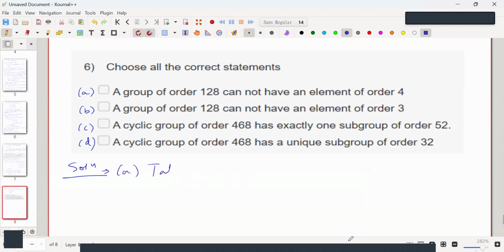If a is the generator, then a to the power 32 will have order 4. Yes, you are also right. I am taking 1 to be the generator, but this holds for any generator, right? So if 1 is the generator, 1 raised to 32 is just 32, right?